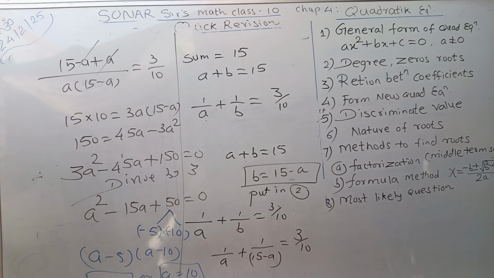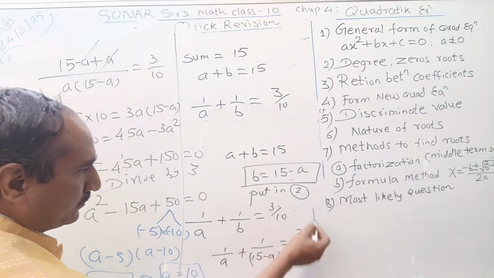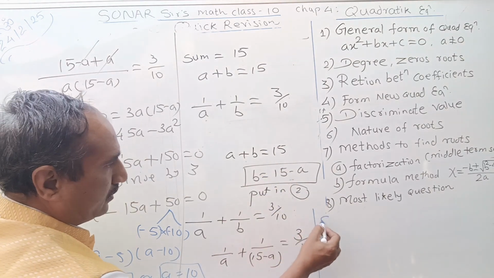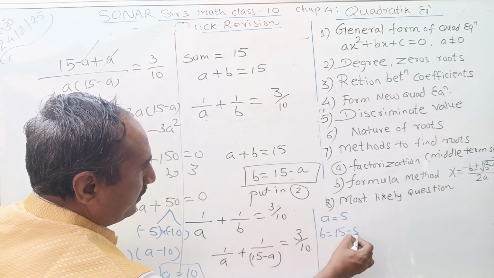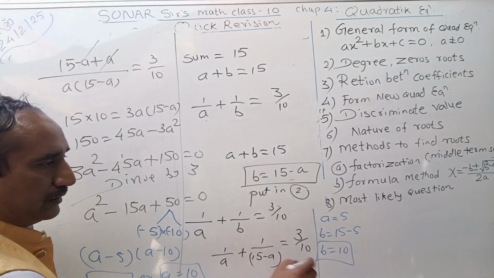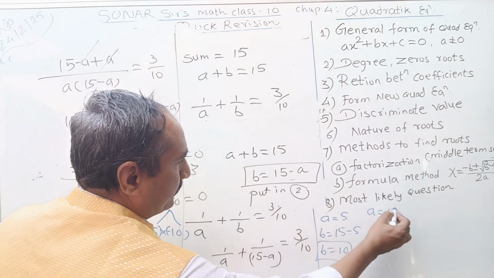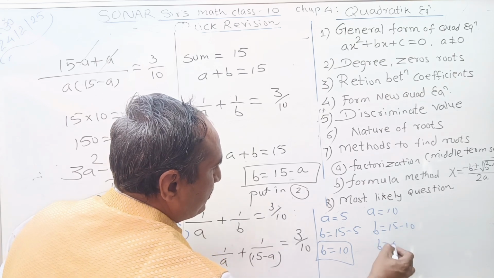So a equals 5. If we put a equals 5, we'll get the value of b. So if we put a equals 5, b becomes 15 minus 5, that is b becomes 10. And if we put a equals 10, then we'll get 15 minus 10, that is b equals 5.